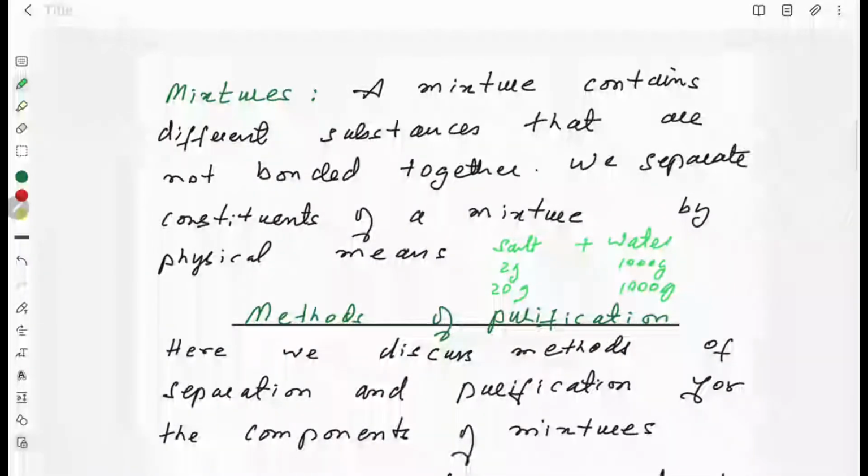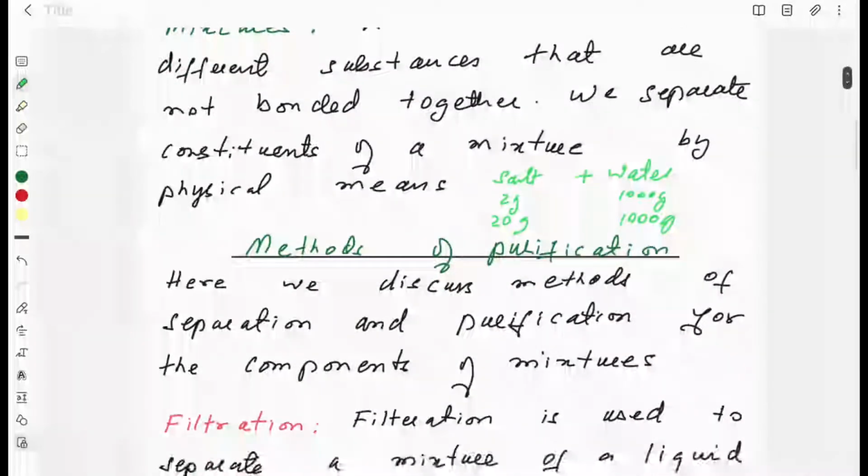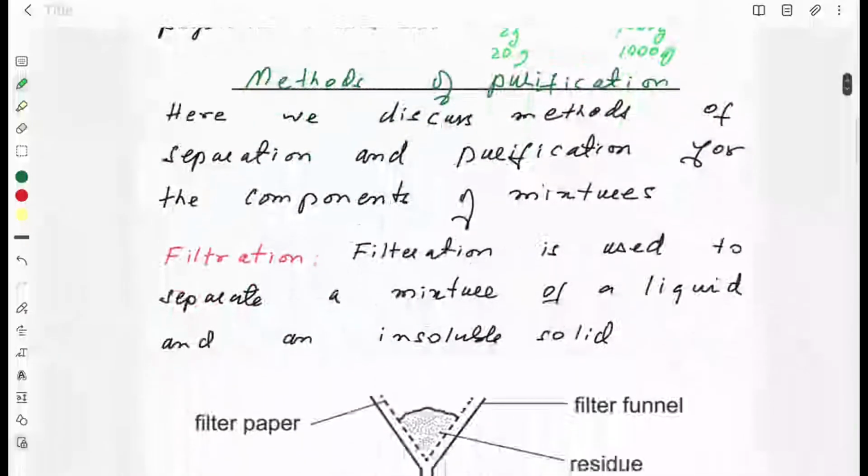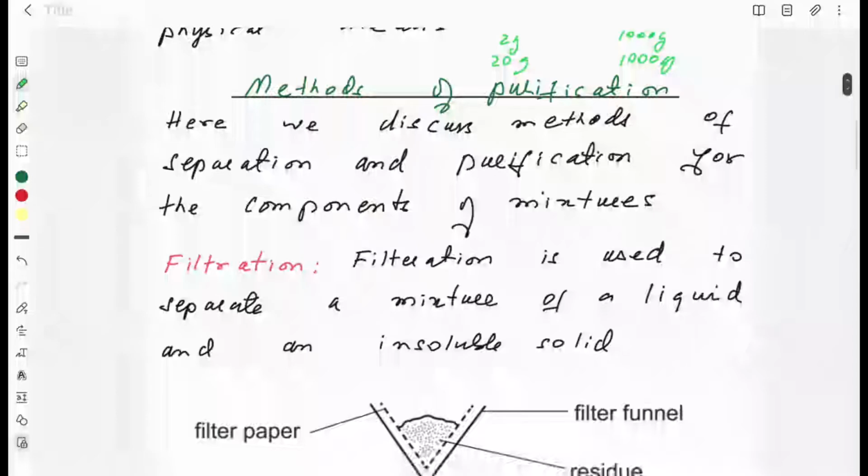In both ways, I get a mixture. It is not a chemical compound because they are not chemically bonded during this. Constituents of a mixture can be separated, and we have different methods for separating them. Here we are discussing this under methods of purification.